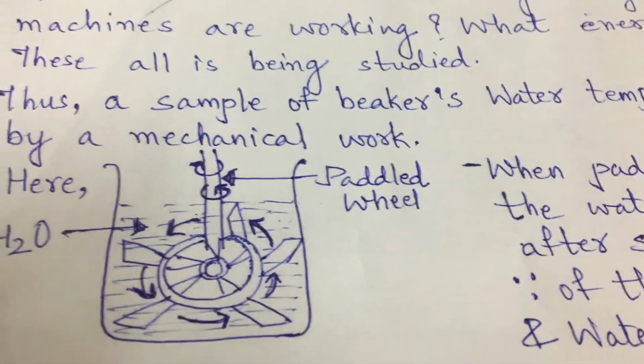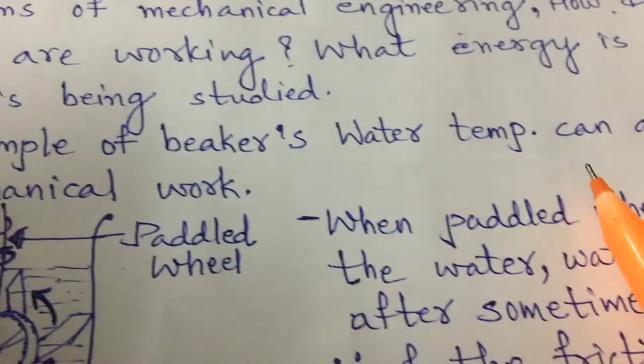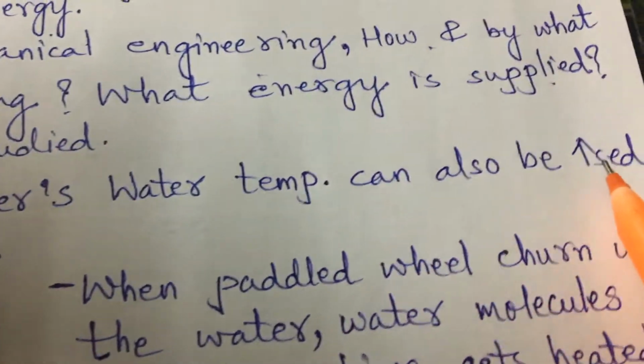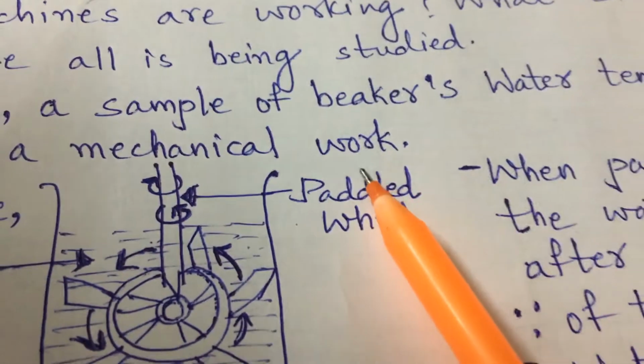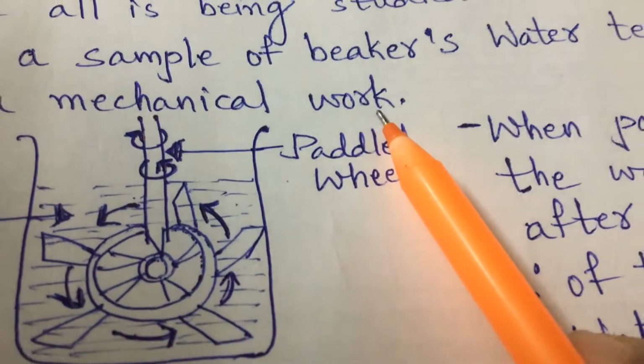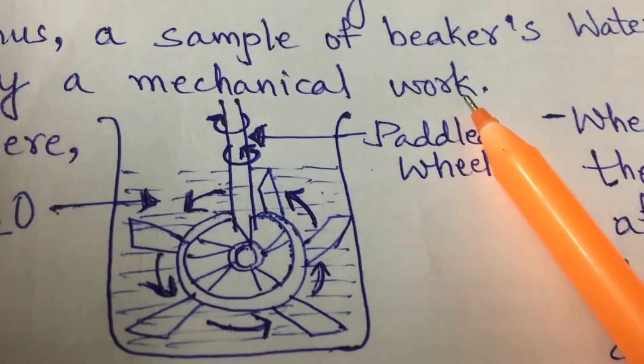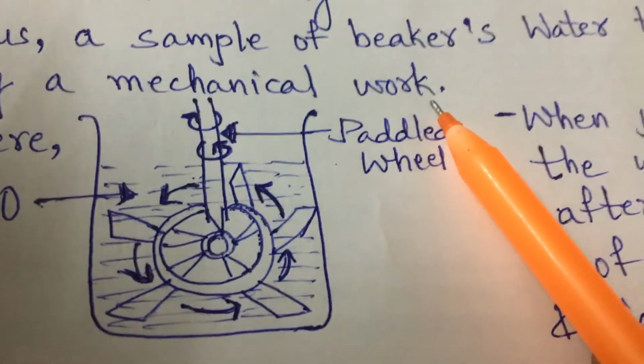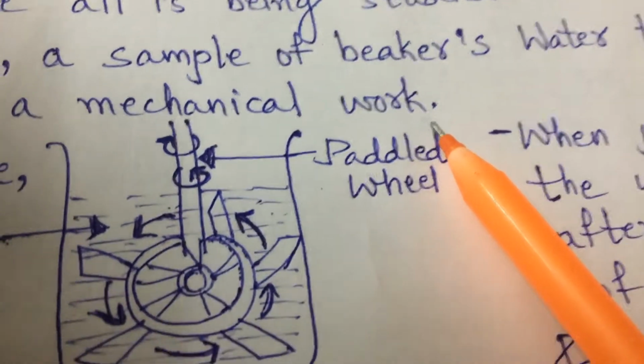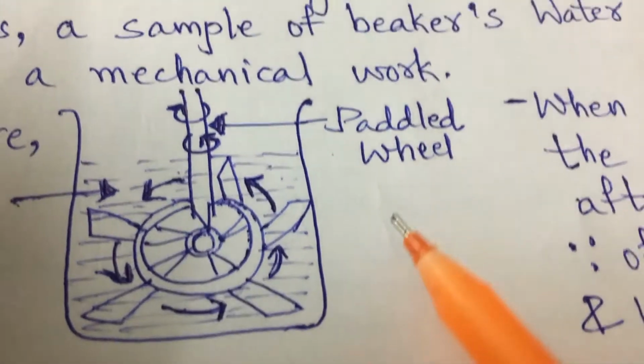So once again, a sample of beaker's water temperature can also be increased by mechanical work. In the previous example, we saw that by dipping the immersion rod, where electrical work is supplied, the temperature was increased.